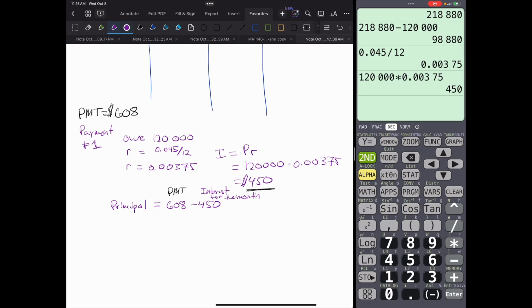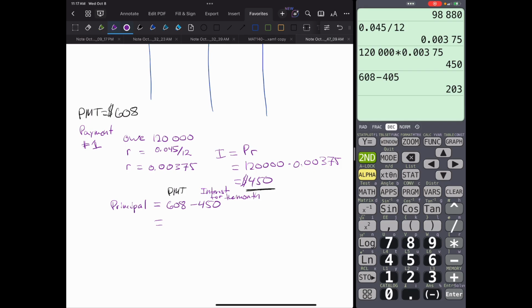Okay, well, let's get that number. It's going to be 608 minus 450. Oh, 203. I was off by 50. Silly me. That's why we go ahead and type it in and double check.